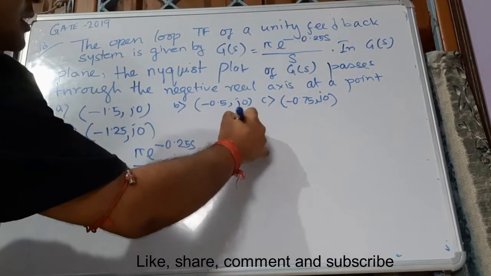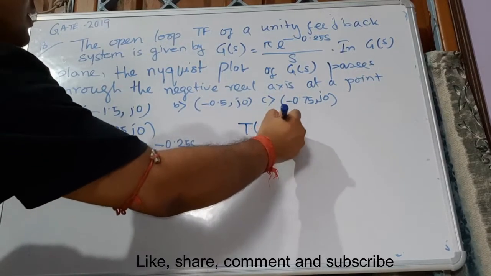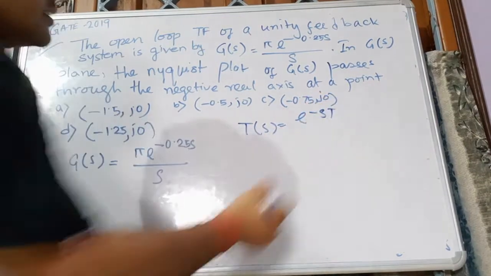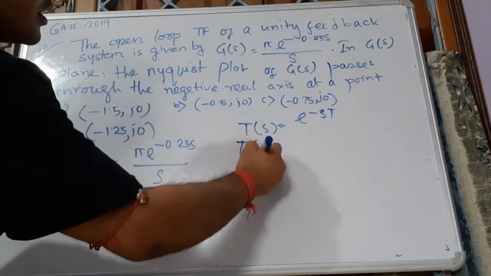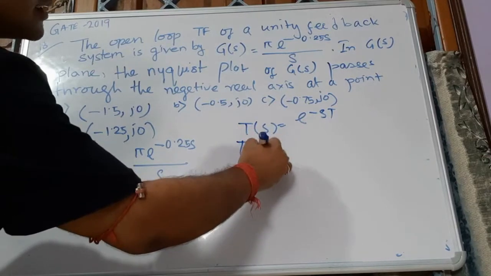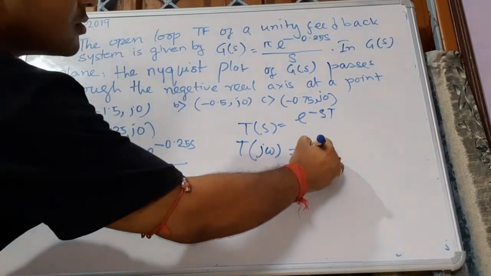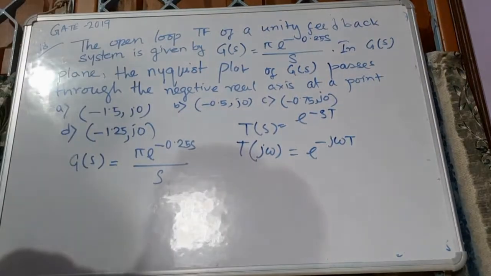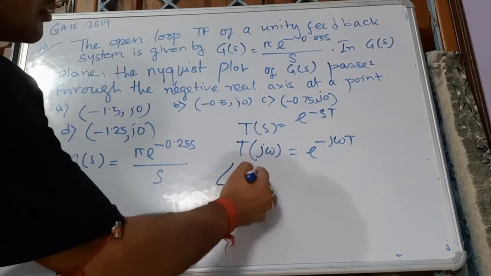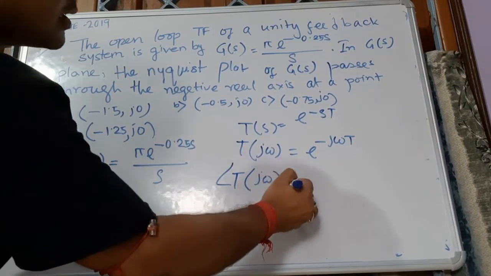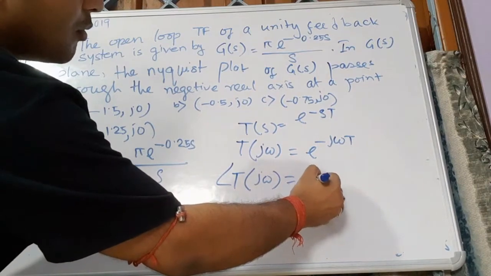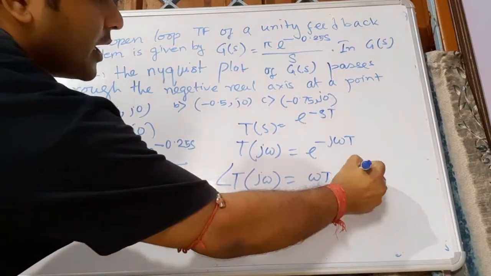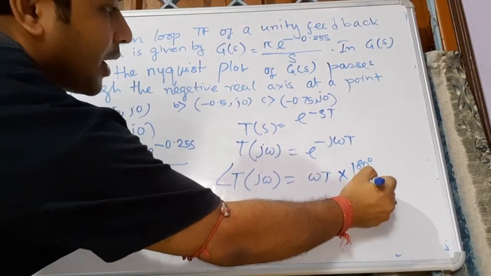Say this transfer function T(s) equals e to the power minus sT. Now we write s as j omega, and that equals e to the power minus j omega T, right? And if we want to find the angle, this will be omega T into 180 degree divided by pi.